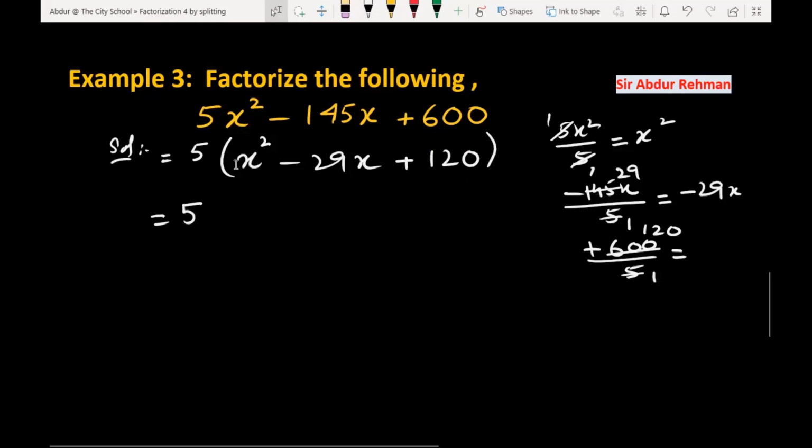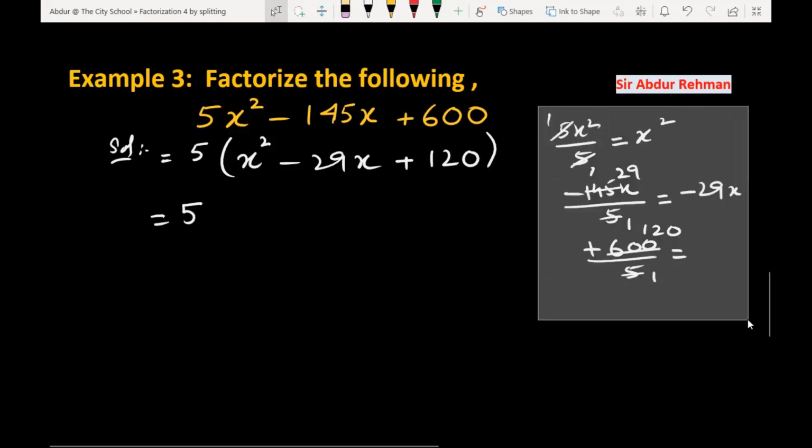Now the coefficient of x squared is 1 here. So 1 times 120 is 120. I'm going to remove all the solution here because I need some space.